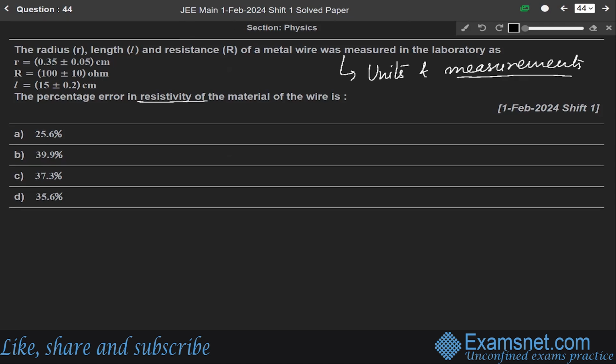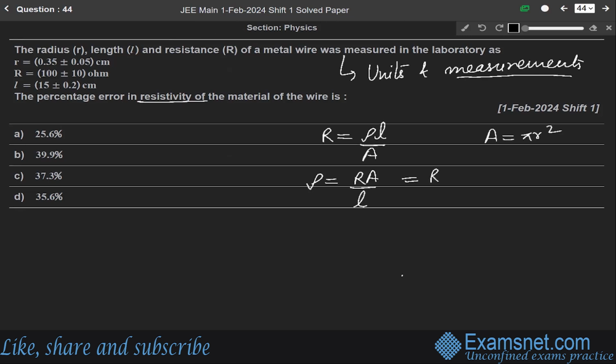We know the formula for resistivity: resistance R equals rho L over A. So rho will be equal to R A over L, where A is the area, equal to pi r square.